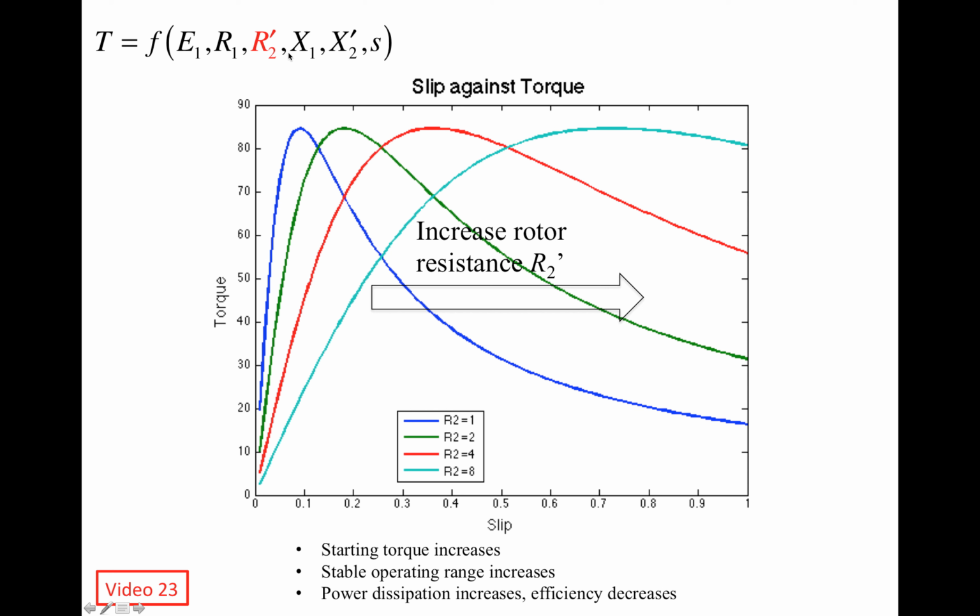And as we increase Rx, as the curve shifts to the right, the range of the stable region also increases. The stable region is from zero slip to the location of the peak. So as the curve shifts to the right, the stable region also extends.